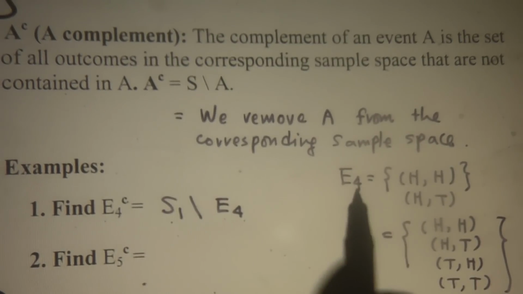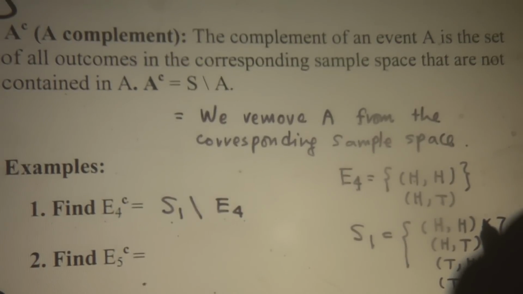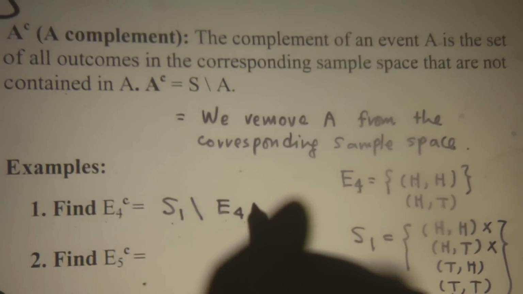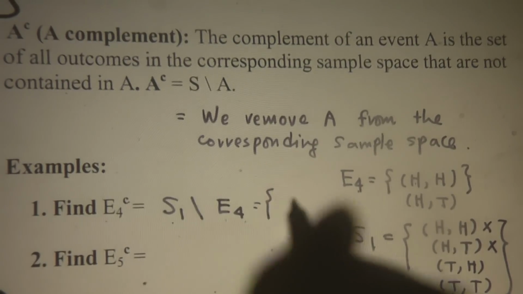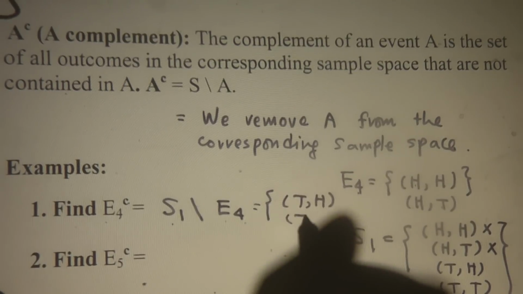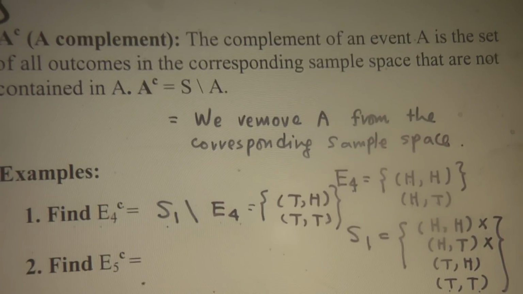So E4 is head-head, head-tail. So we remove head-head, head-tail from S1. So we have only 2 outcomes left, and that is tail-head and tail-tail. Okay?